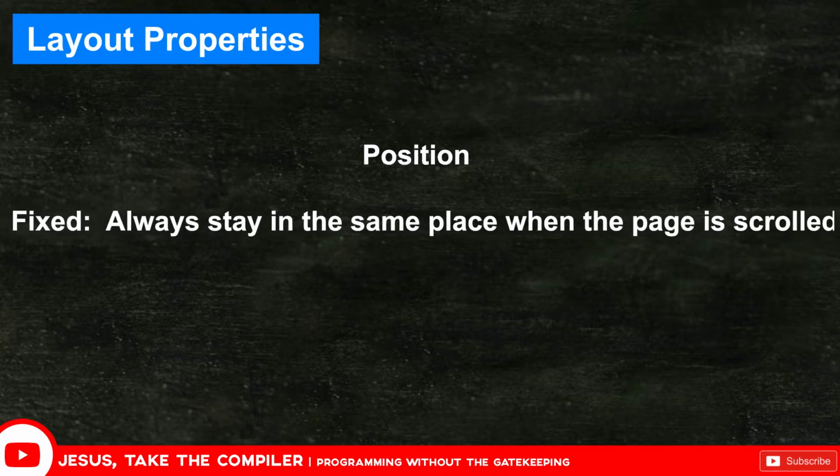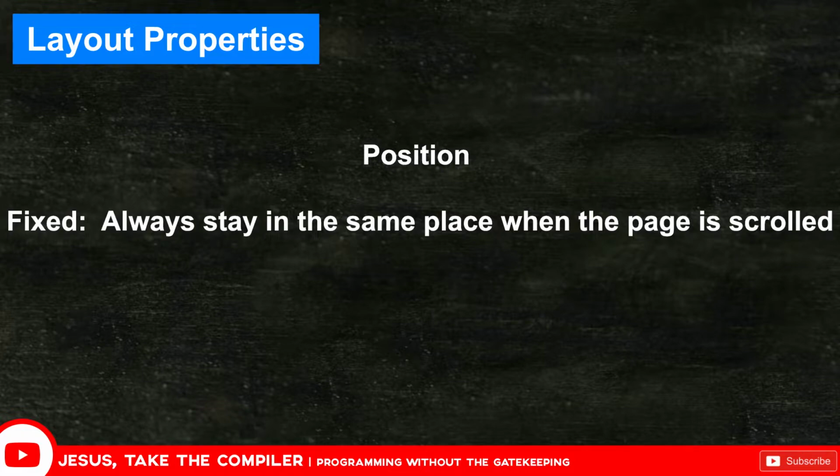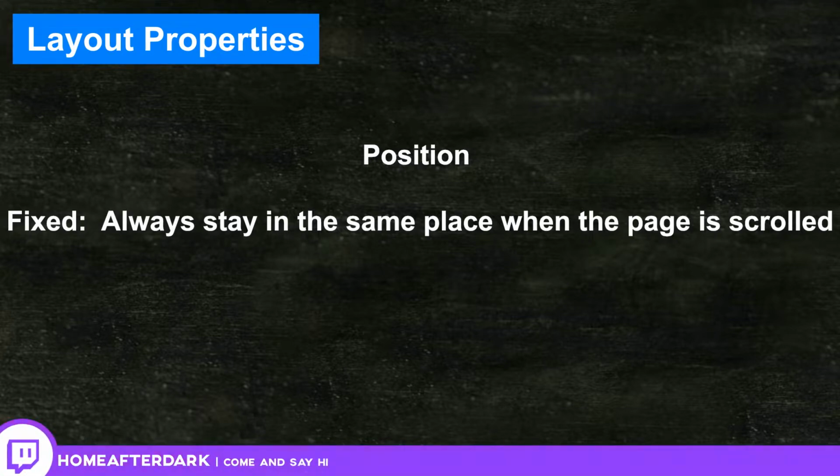The next we have is fixed. And this is positioned to the viewport. This means it will always stay in the same place when the page is scrolled. So maybe we've been to a website where it looks like we have a sidebar where there's maybe menus or it's a tutorial or something. And maybe the right side of the screen scrolls forever, but the left side seems to stay in one place.